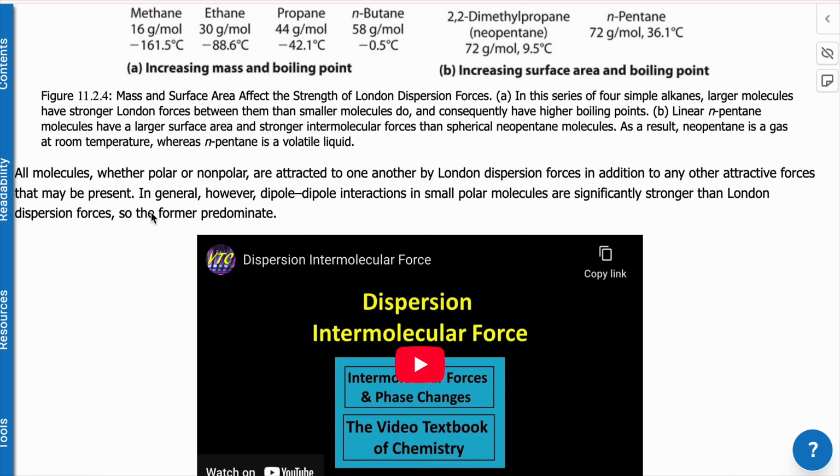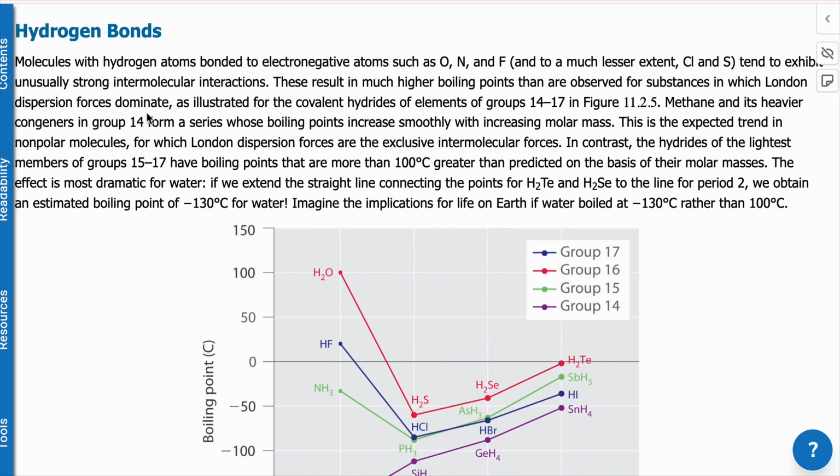If hydrogen bonding is present in a compound, then it has a higher boiling point than substances in which London dispersion forces dominate. Methane and its heavier congeners in group 14 form a series whose boiling points increase smoothly with increasing molar mass.